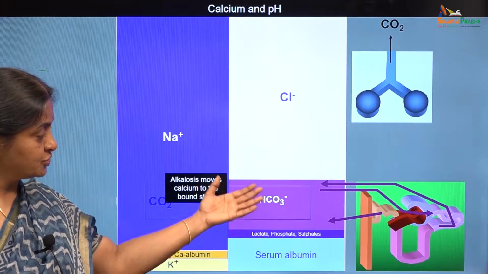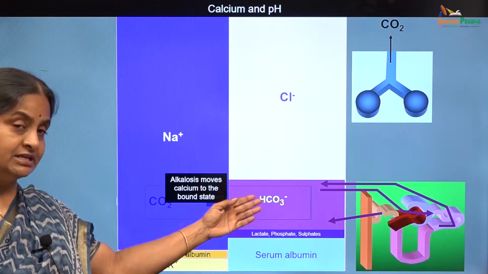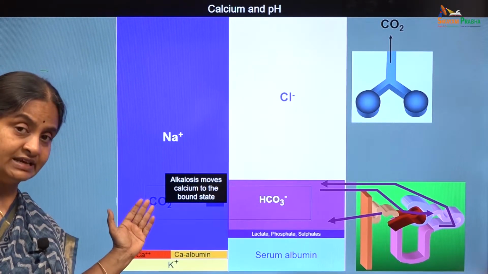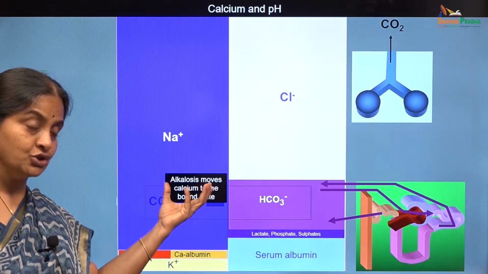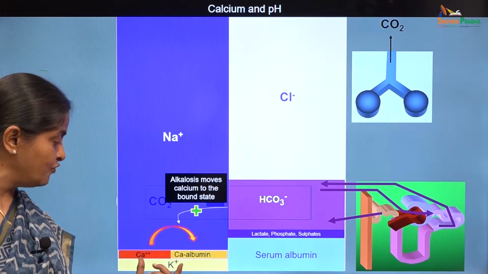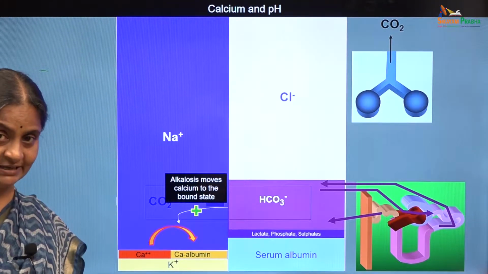Now, alkalosis, or an increase in plasma pH, whether it is due to an increase in serum bicarbonate or due to a decrease in arterial carbon dioxide, will move calcium from the free state to the bound state.